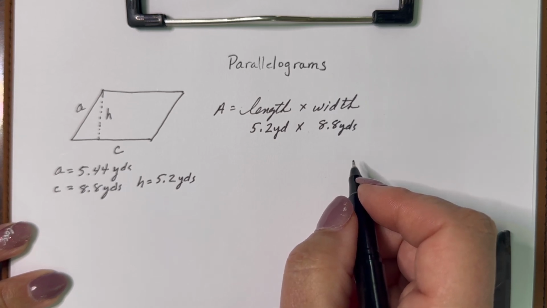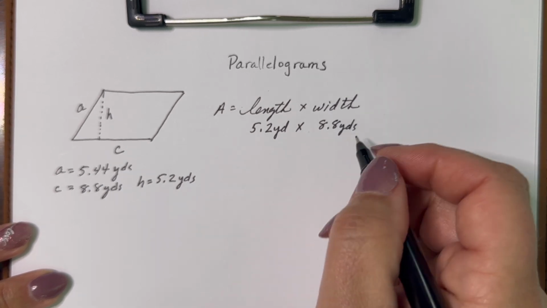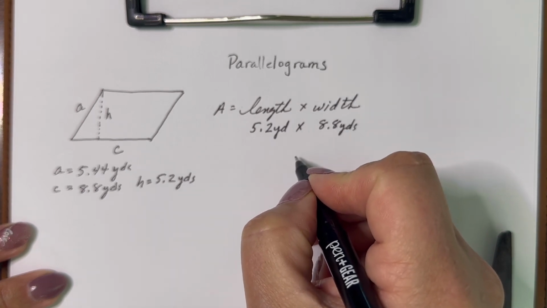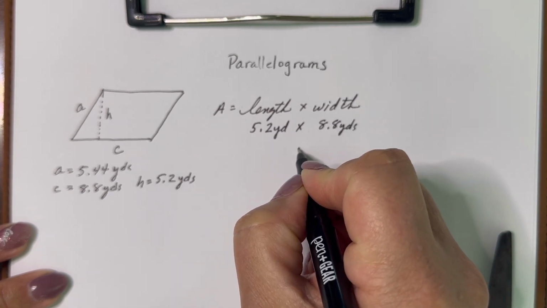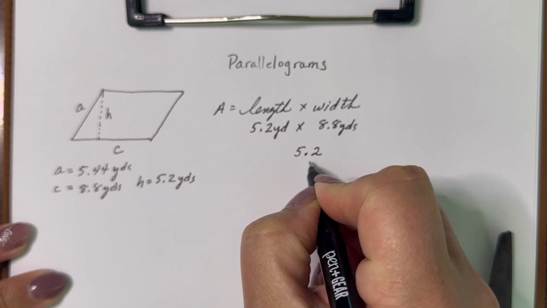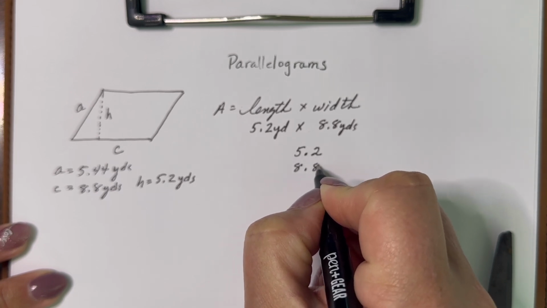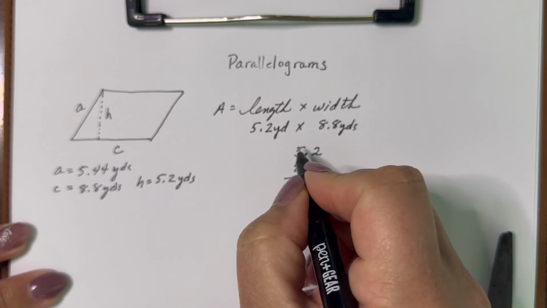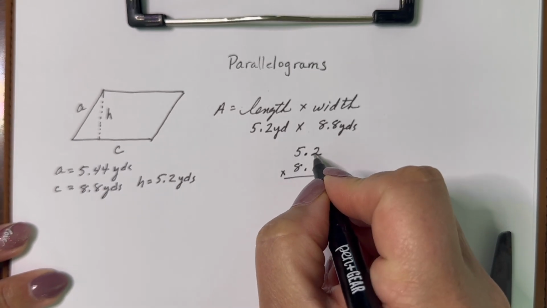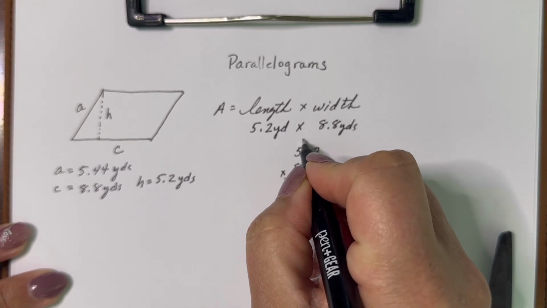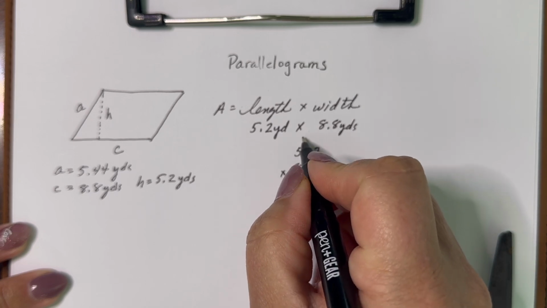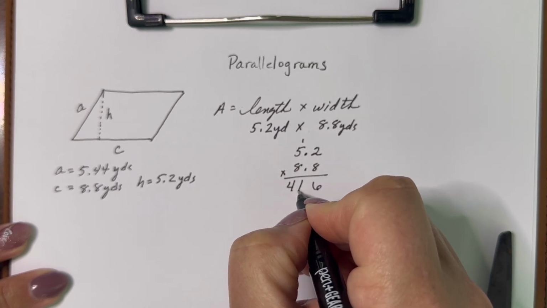Now, you could be using a calculator. This is a little bit easier, but we're not going to have a calculator all the time on our tests. So I suggest you practice doing it by hand. We're going to ignore our decimals. We'll multiply, and 8 times 2 is 16, carry my 1. 8 times 5 is 40, plus 1 more is 41.